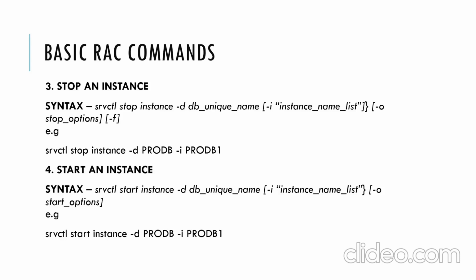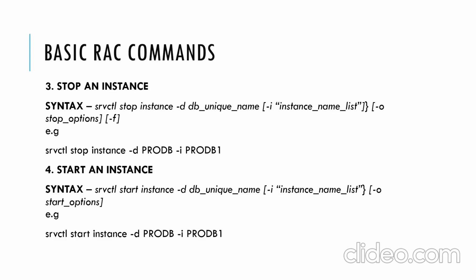How do we stop an instance? Syntax is srvctl stop instance -d db unique name -i instance name list -o stop options. Now here instance name list means if we have 4 instances, we can provide all the 4 instance list and it will stop all the instances.